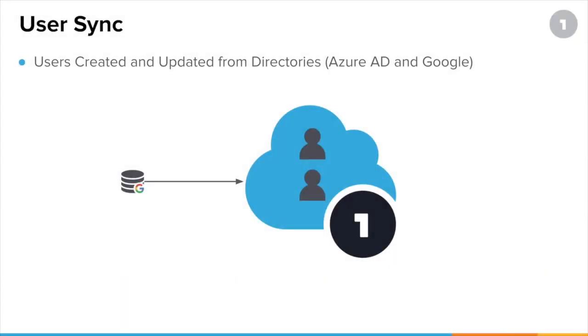Some directory connectors are simply used to get users into OneLogin, either as part of an initial setup, or they might stay in place if you want to continue using the other directory as your source of truth for user information. The Azure AD and Google Directory connectors are prime examples of this.